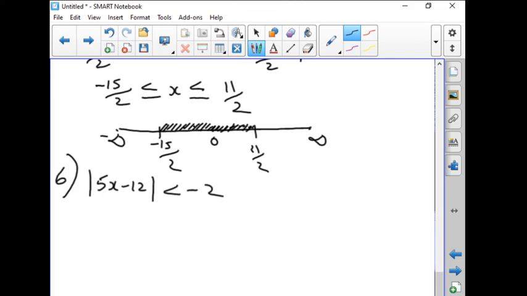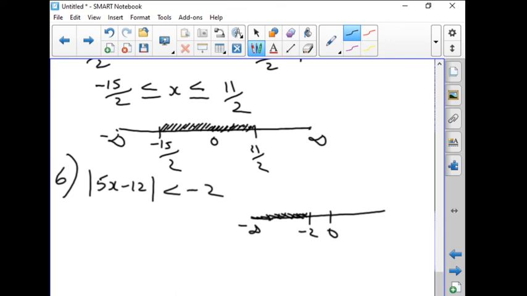Absolute value cannot be negative, and also it is given less than minus 2. Less than minus 2 means if you take 0 here, this is minus 2 and here infinity, and this is less than minus 2. But here we are having modulus. The absolute value cannot be negative.